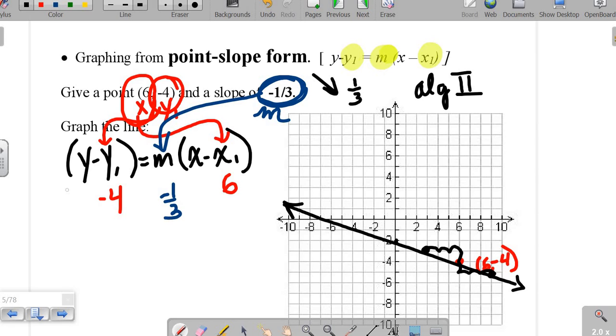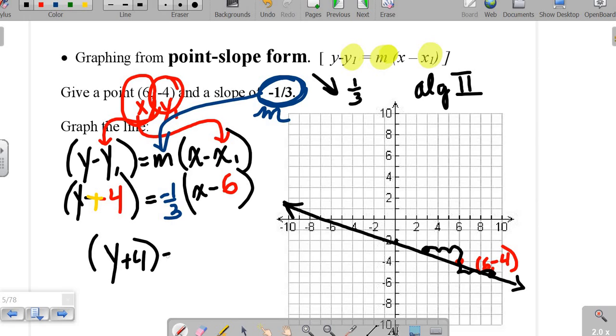Now we're going to bring the equation down around it. We're going to clean this up just a bit. We have a double negative here, so we're going to change that to positive. So this would be what's considered the point slope equation of a line. So if I ask for the point slope equation of this line, that's where you stop.